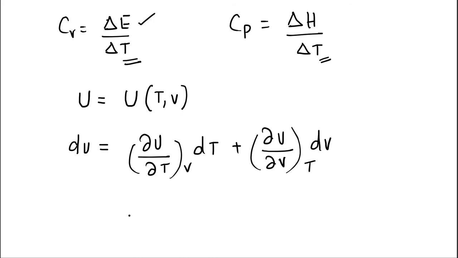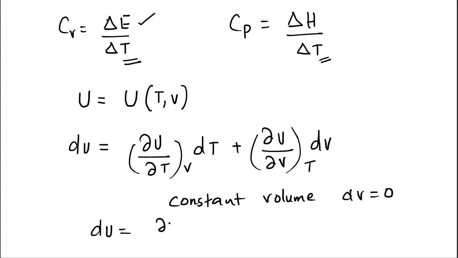As we are supplying the heat at constant volume, dV equals 0. Therefore now dU equals simply dou U over dou T at constant volume times dT.